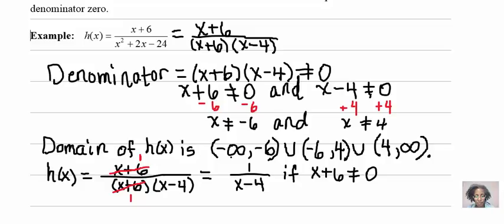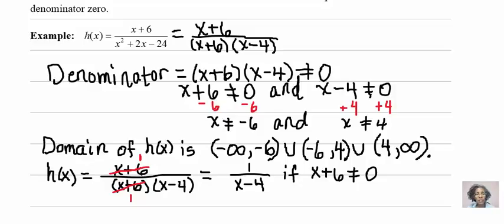What we just did was divide out this common factor. We cannot divide by 0, so h is only equal to 1 over x minus 4 if x plus 6 is not equal to 0.